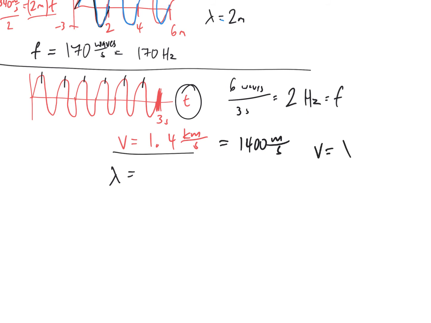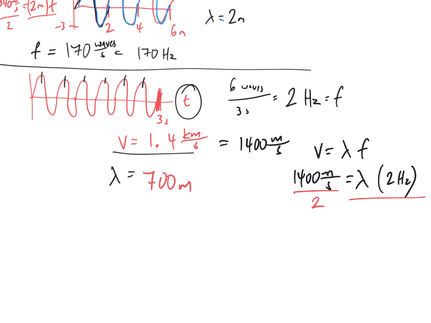Wave speed is equal to wavelength times frequency. 1,400 meters per second equals wavelength times 2 hertz. Divide both sides by 2, and I'm left with a wavelength of 700 meters. You could also have listed 0.7 kilometers as long as you kept your unit in kilometers.